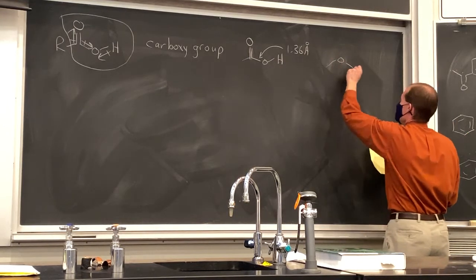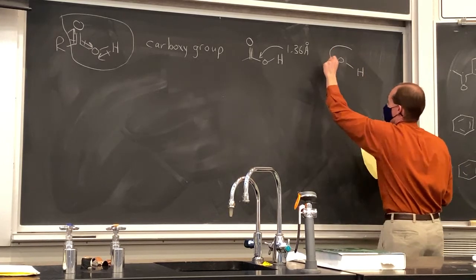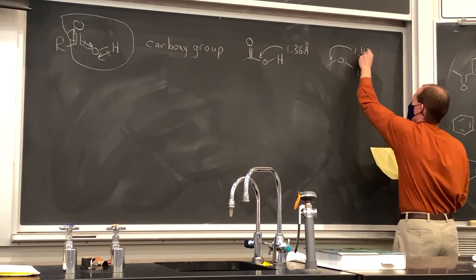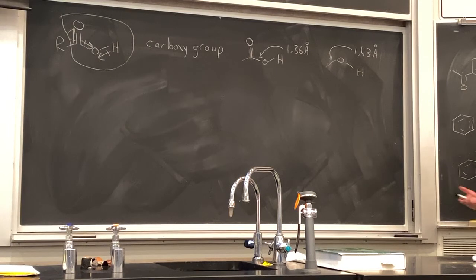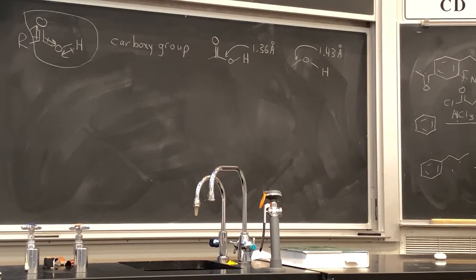For comparison, the corresponding sigma bond in methanol is a little bit longer, 1.43 angstroms in length. Why is the sigma bond in acetic acid shorter than the sigma bond in methanol?